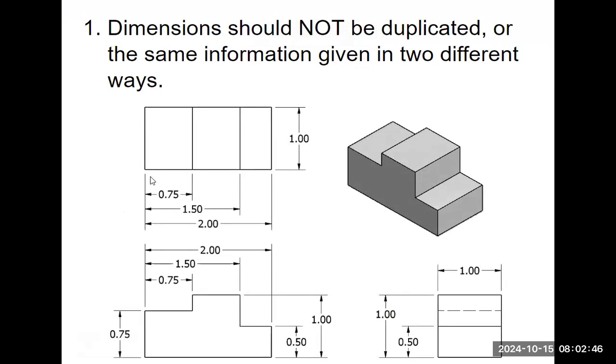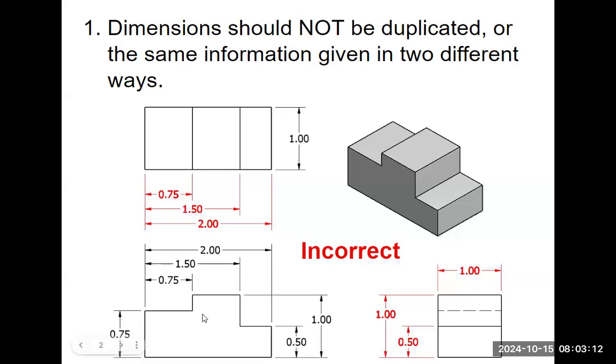And that's what is being shown on the top. We don't need both. That is over-dimensioning. That is redundant. Same thing: all these red ones are repeated on different views. You don't need the same dimension, and not just the same number, but dimensioning the same thing doesn't need to occur on multiple views.